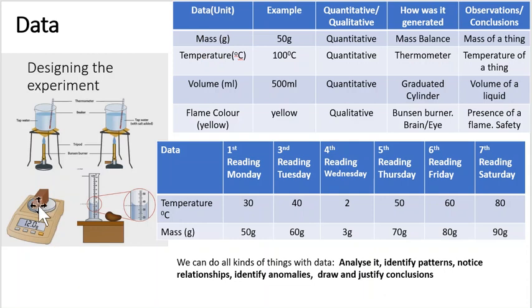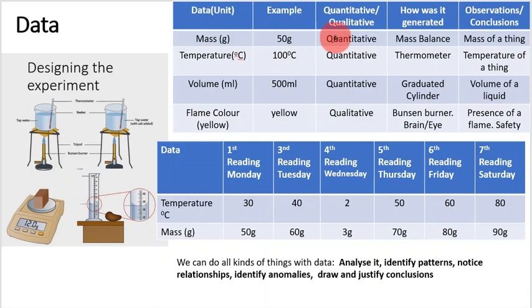We used a balance to get the mass of salt, and then we recorded that data in our template. So an example of a data point would be mass, in grams, and that specific data that was generated was 50 grams.